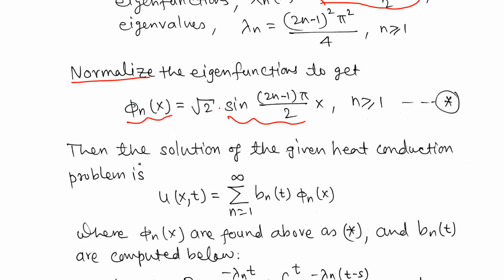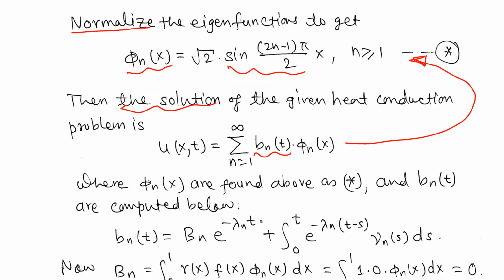Then by the formula, the solution of our given heat conduction problem is just a series, the sum of b_n(t) times phi_n(x), where phi_n(x) are these normalized eigenfunctions, and b_n's are found as follows.